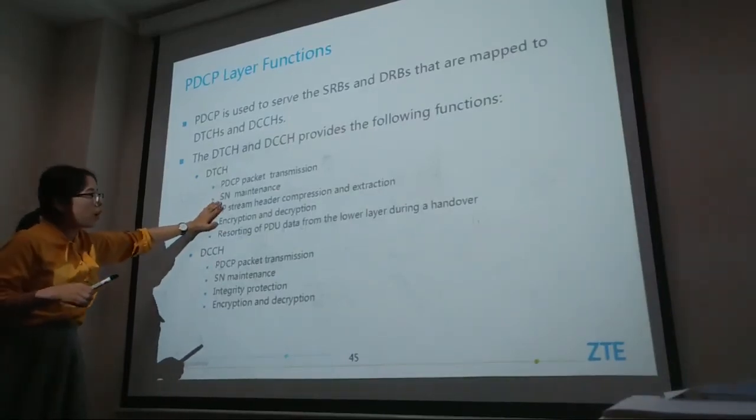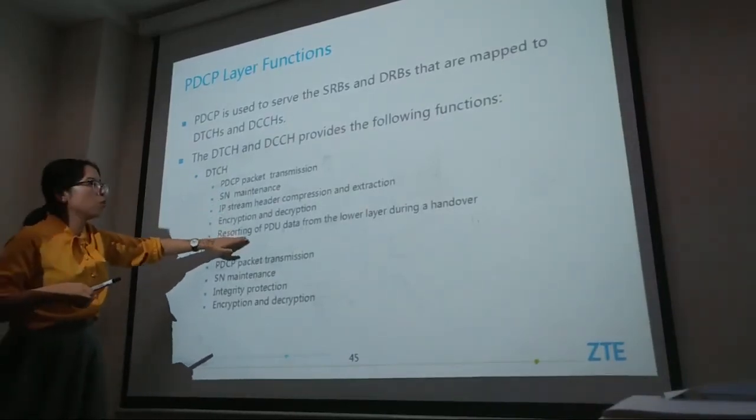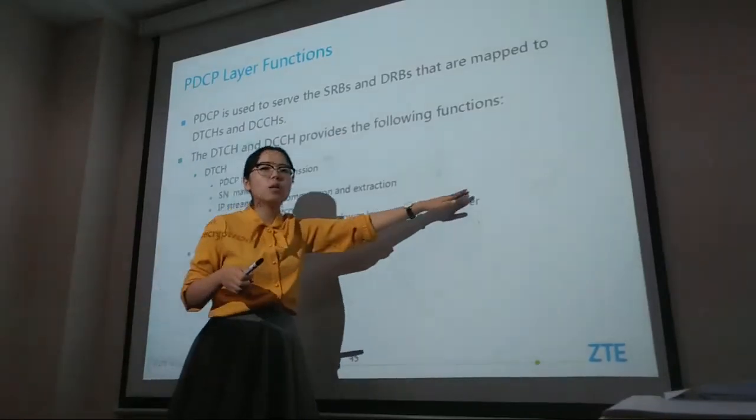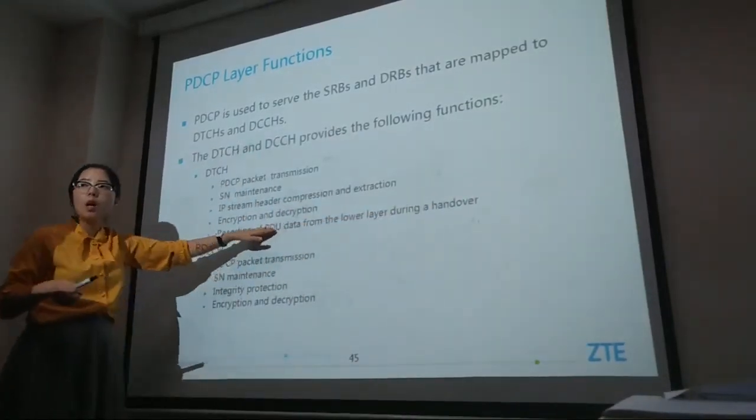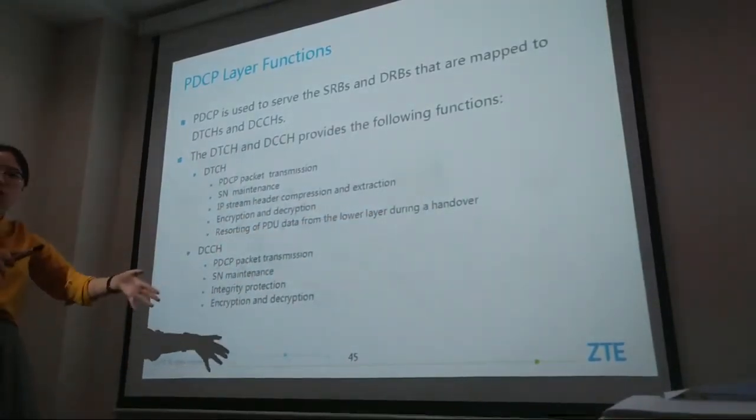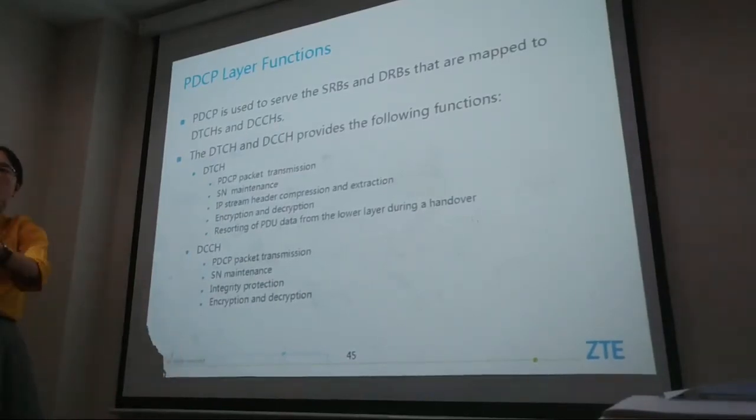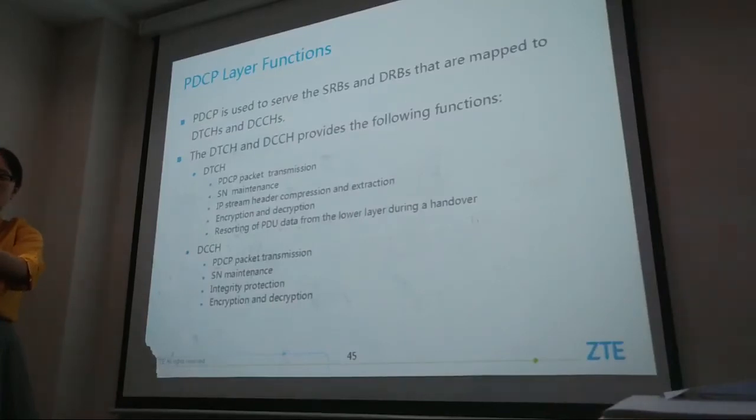Another function is that when we perform the handover, we need to hand over from the source eNodeB to the destination eNodeB. So for the destination eNodeB, you also need to send the data to it, from the source eNodeB to the target eNodeB.